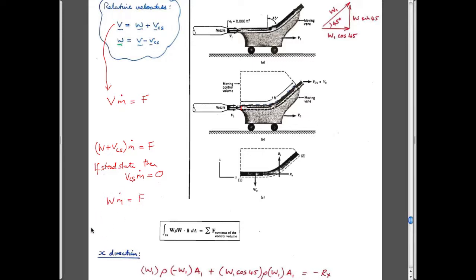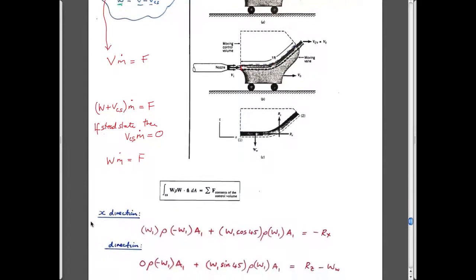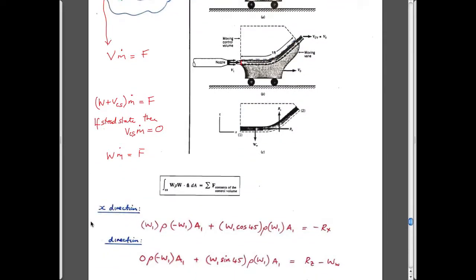So it's relative velocity, which is important. And so this example goes basically through that. You can resolve the different forces. In the x direction, you're applying a force to keep it from moving, which is Rx. I guess this is Rx here.